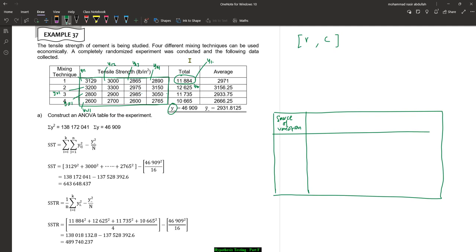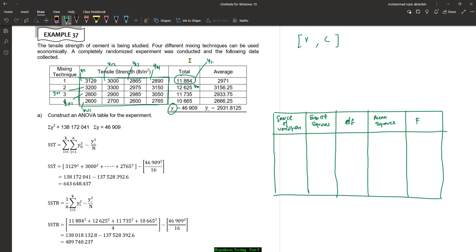The second column is sum of square, the next column is degree of freedom, the next column is mean square, and the last column is F value.